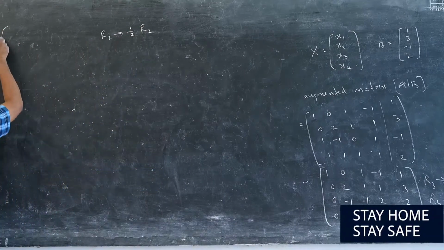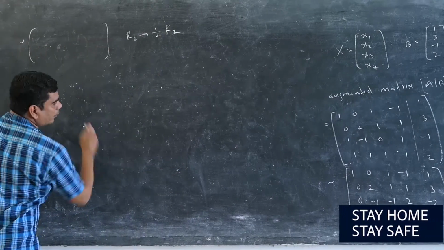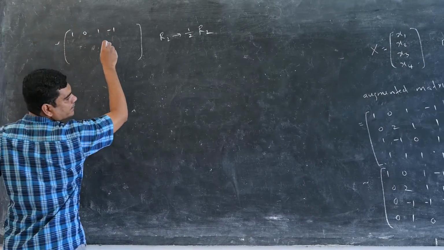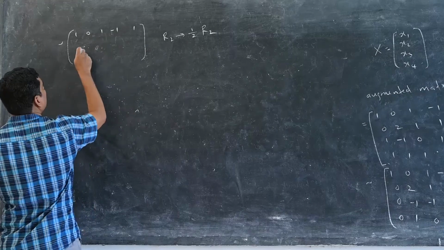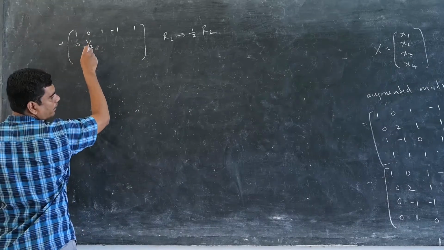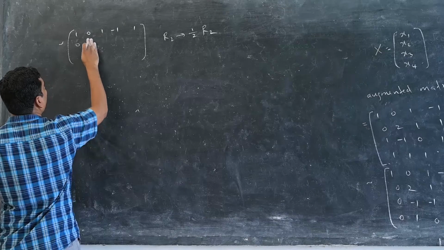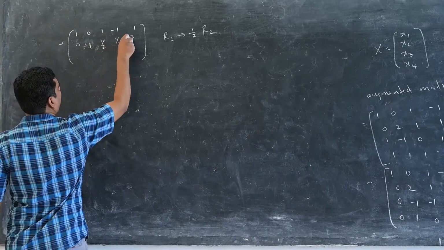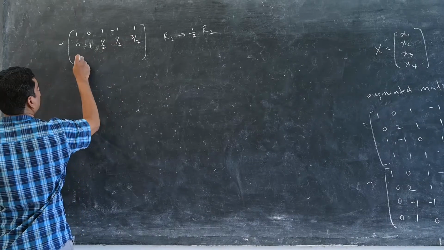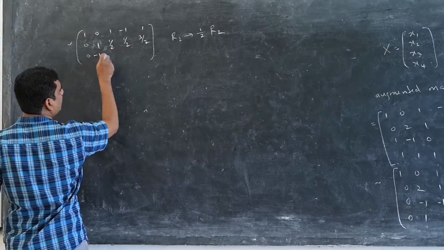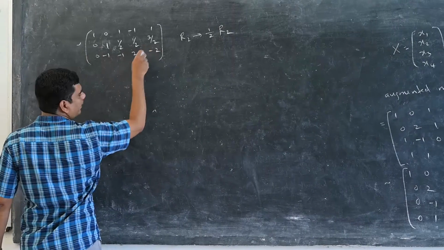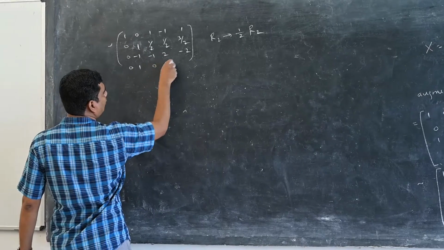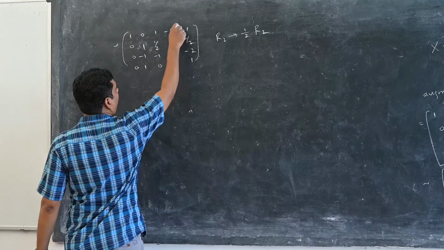This is equivalent to 1 0 1 minus 1 1, 0 1 1 by 2 1 by 2 3 by 2, 0 minus 1 2 minus 2, 0 1 2 1.